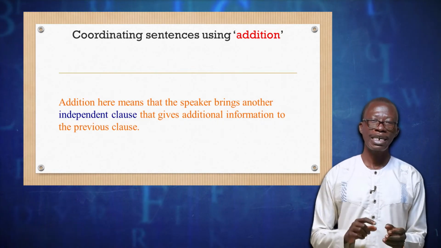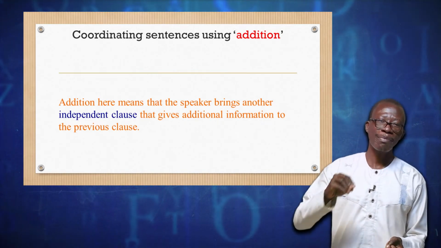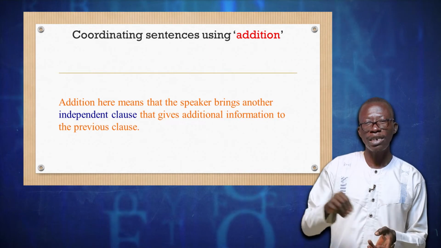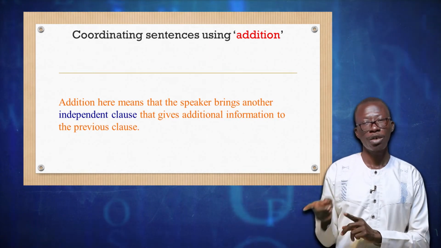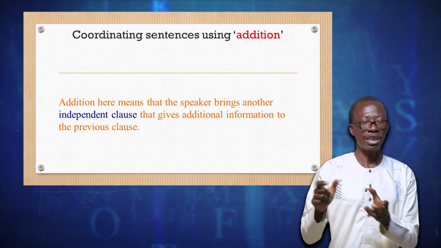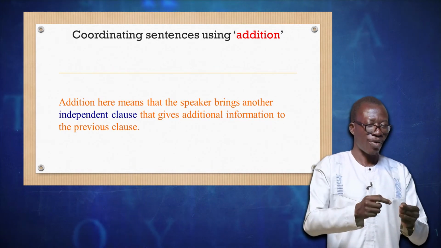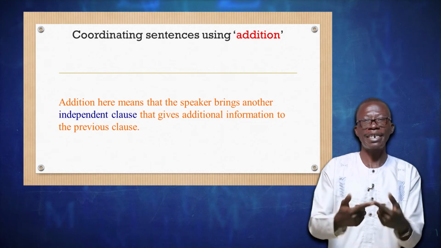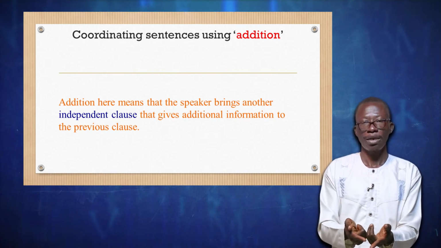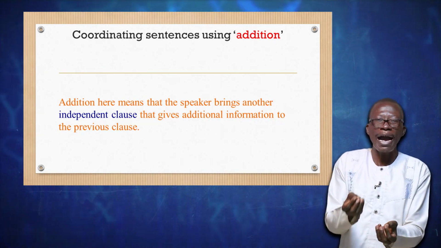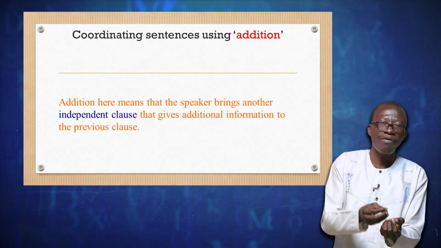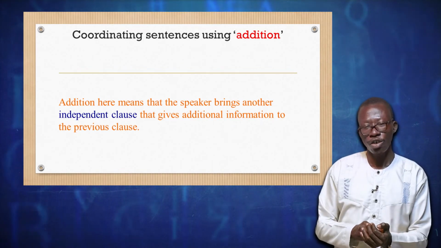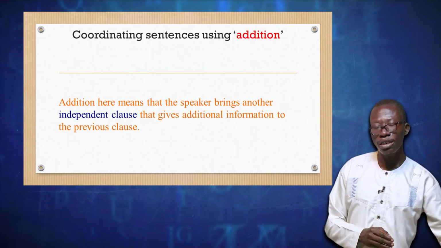Addition here means that the speaker brings another independent clause that gives additional information to the previous clause. So let's take note. When we are talking of addition, you said something and you are adding more information. What we are simply saying is that you, the speaker, the addresser, are adding further information to a previous clause.